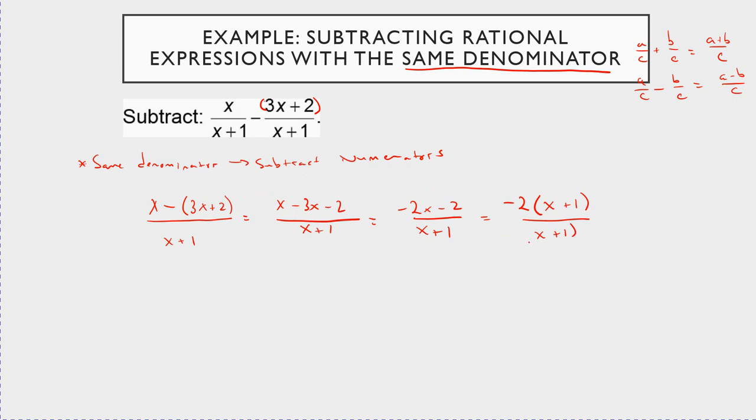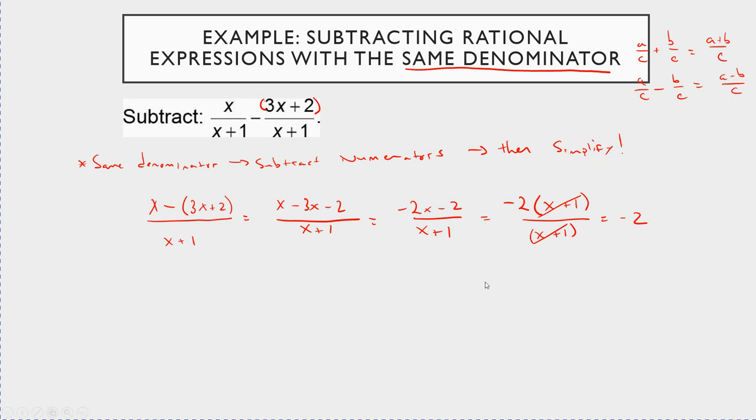The numerator and denominator have a common factor, and this simplifies to negative 2, which is great. So perform the operation, then simplify. Always, always, always. There's not much more to do with rational expressions that have the same denominator when you add or subtract them.